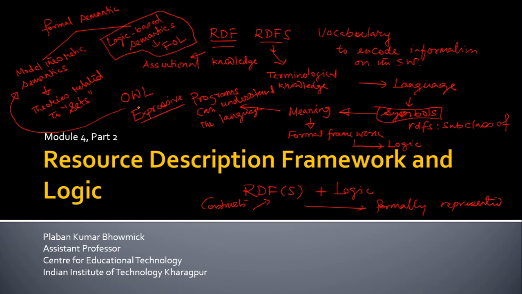So we will use that language to see how we can define the semantics of its constructs in a model theoretic way. In summary, we will see how we define the meaning of the constructs in RDF and RDFS using first order logic. That will be the first objective of this part of the module.